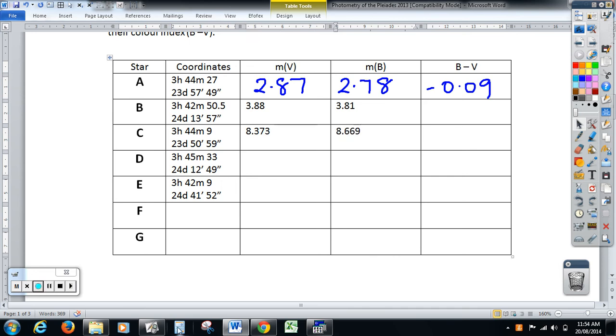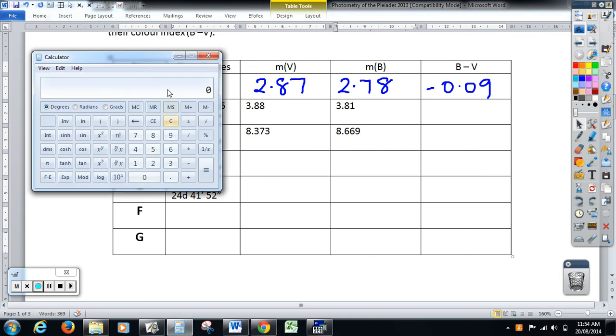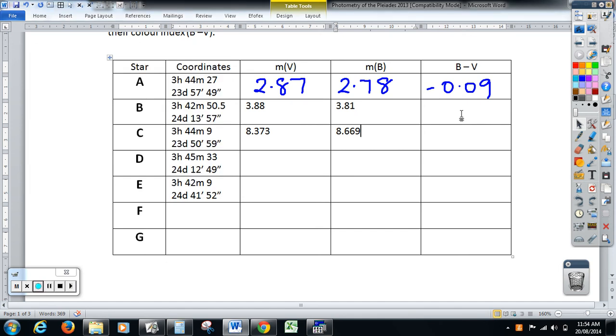So we're going to calculate the B minus V index for all of them now. So the first one was, it's always the B value, which is 3.81 in this first case, minus 3.88. So this is over here as negative 0.07.